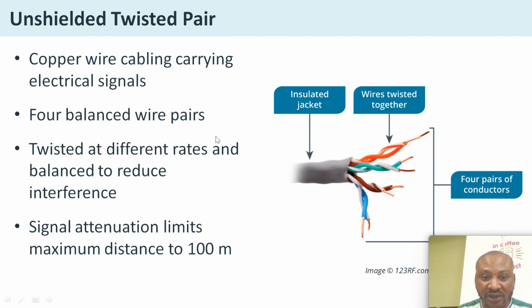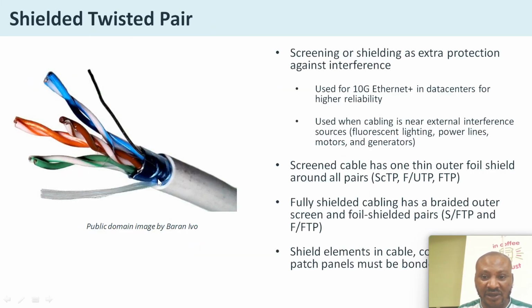But for shielded twisted pair, it is not easy for electrical interference to happen, and it's very difficult for fire to burn them up, because outside the insulator there's an internal protection on the wires. So these cables can go more than 185 meters, even up to 200 meters, before the signal starts dropping.